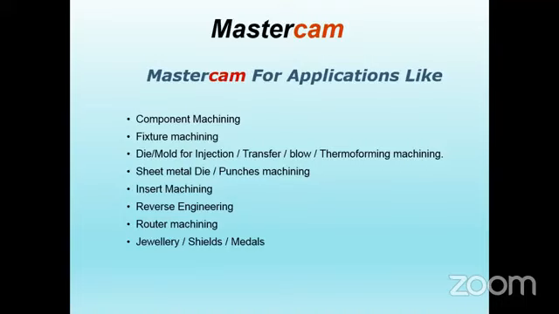So what are the exact applications of Mastercam? Mastercam basically deals with the milling process. Milling is a manufacturing process in which material is removed through various toolings. So what will toolings do?